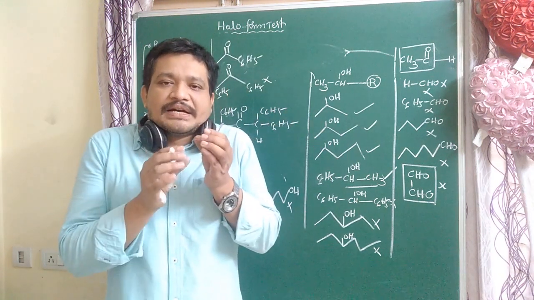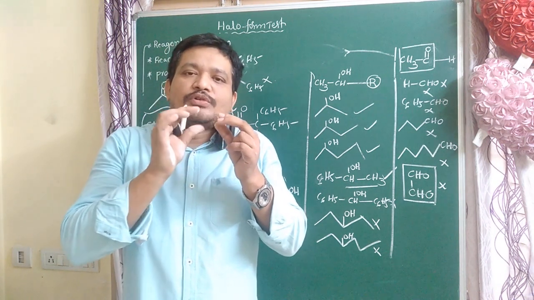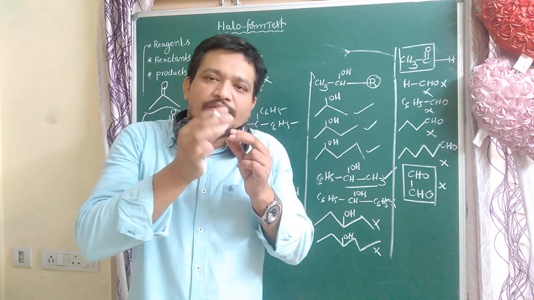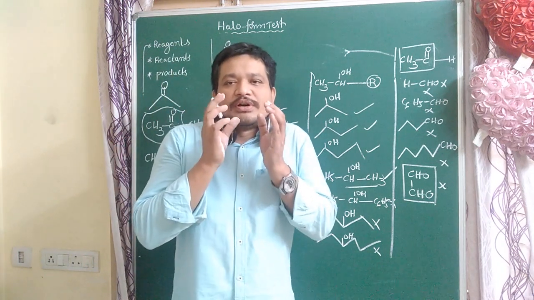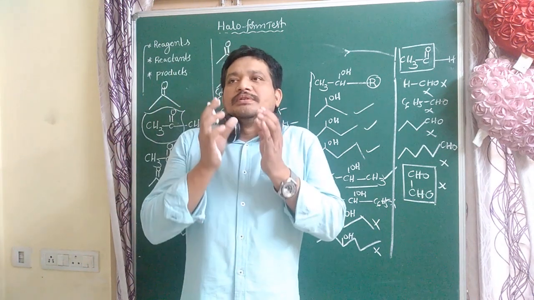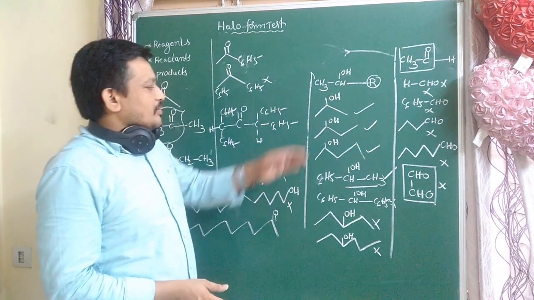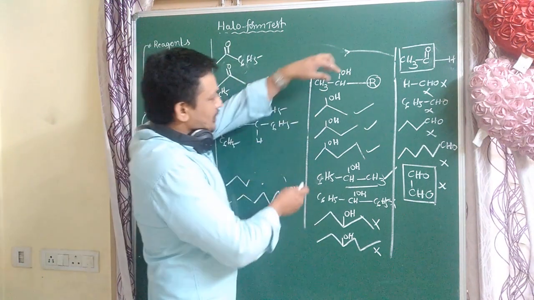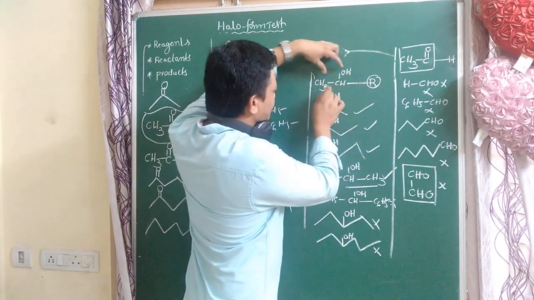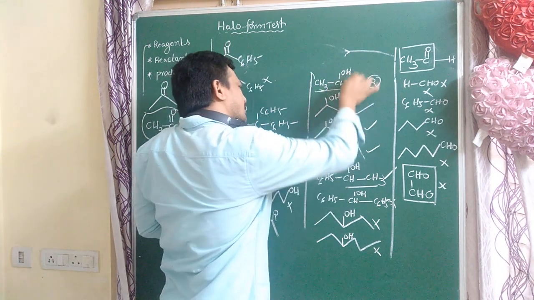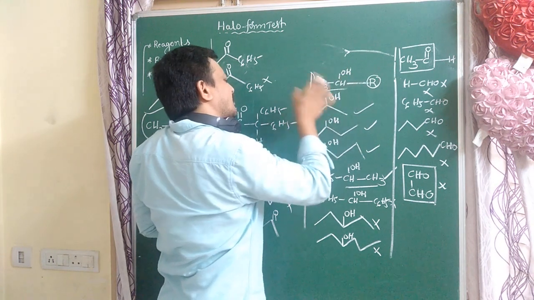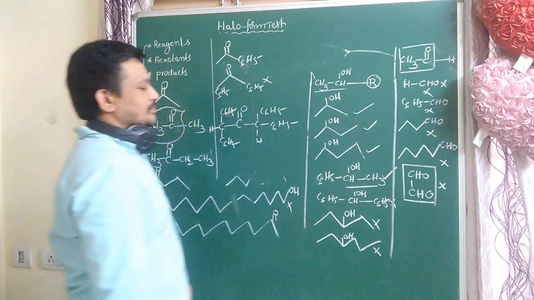In secondary alcohols: 2-propanol, 2-butanol, 2-pentanol, 2-hexanol. This type of alcohol is involved in the Haloform test, whatever the R group may be. Any bulky group can be present and the compound is still involved.